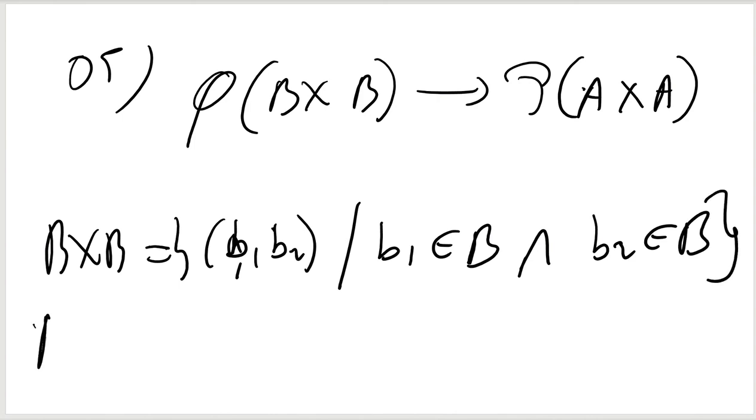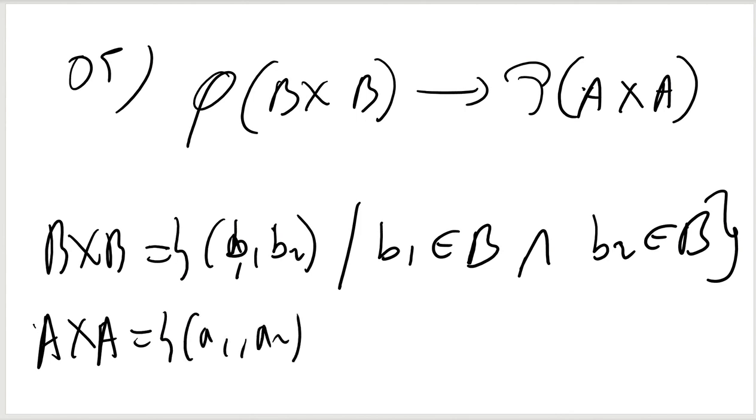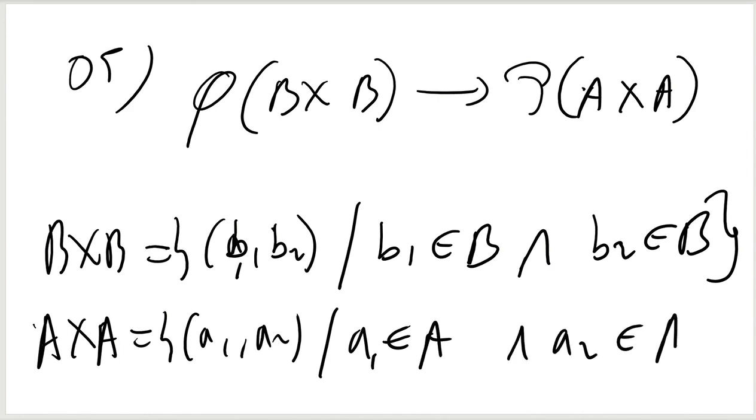And A cross A is a set of (a1, a2) such that a1 is in A and a2 is in A. So just to let you know, in case you need to use something from this set, you have to think of it as a pair of elements. If it's from this set, you need a pair of elements. You have to recognize that, because that's very useful to do some proofs.